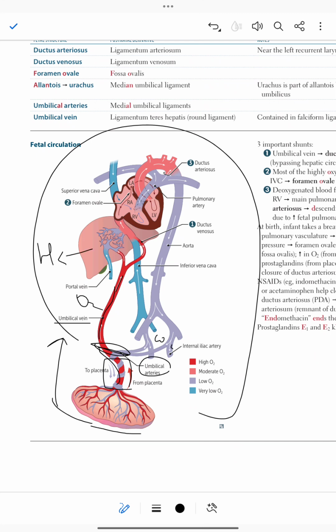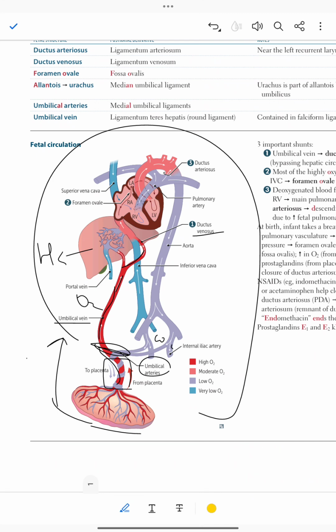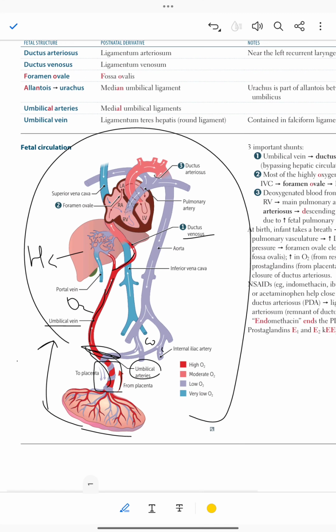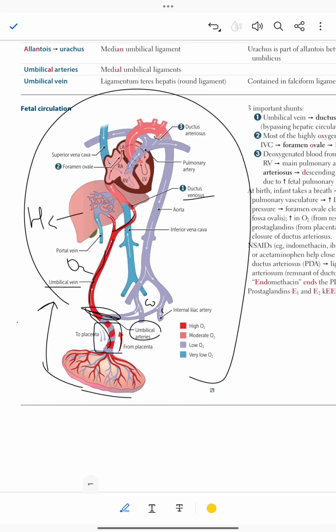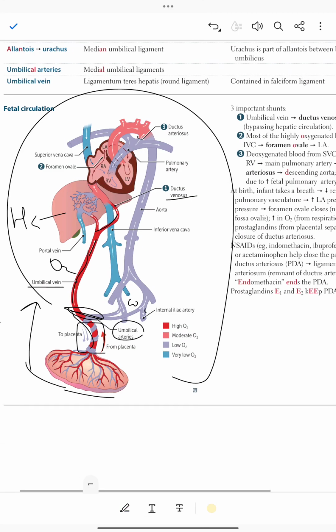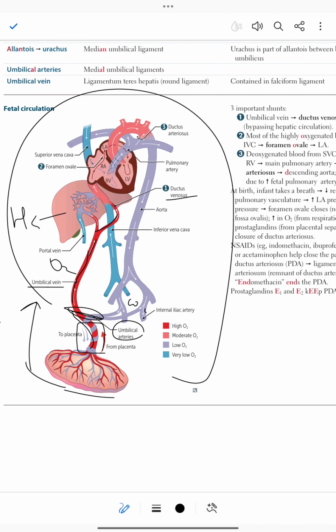Before entering the liver, umbilical vein gives rise to the branch. Name of the branch is ductus venosus.